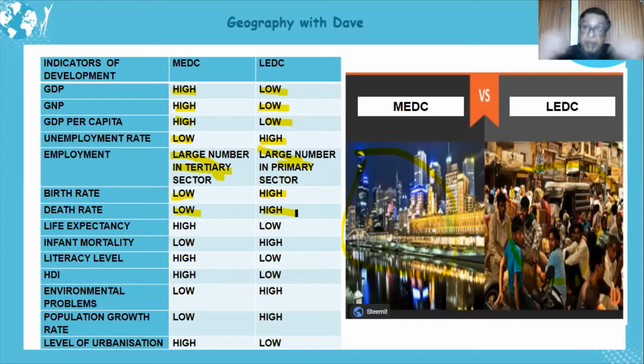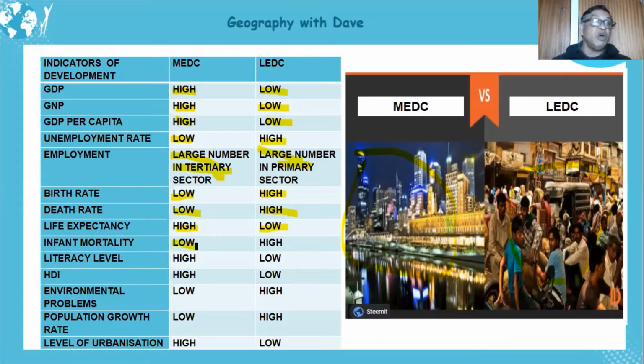For people who can afford it in the LEDC, they can get it. So the death rate will be higher in the LEDC. Life expectancy, because of all the health and the quality of life, is longer in MEDCs, whereas it's low in the LEDCs.